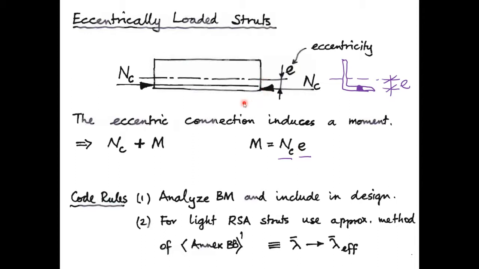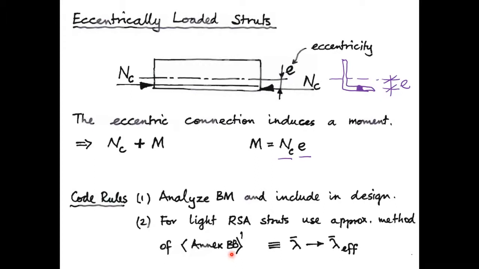When I'm designing this section, I can design it explicitly for the axial load combined with a moment. Or if I go to Eurocode 3, EN 1993 part 1, it tells me I can do two things. One is to analyze the bending moments and include them in the design, or for light bolted single angle struts like what we have here, we can use an approximate method in Annex BB at the back of Eurocode 3 part 1.